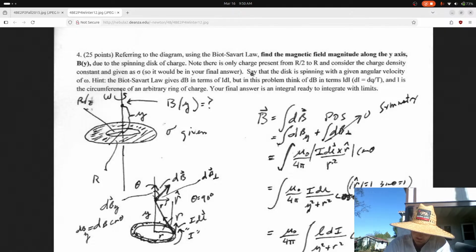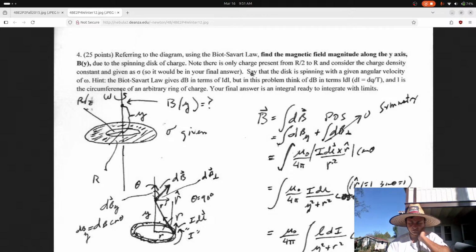What we want is that dI will be equal to dq over t, which will be sigma 2 pi r dr divided by 2 pi over omega. So the 2 pi cancels, and we are left with sigma omega r dr is dI.